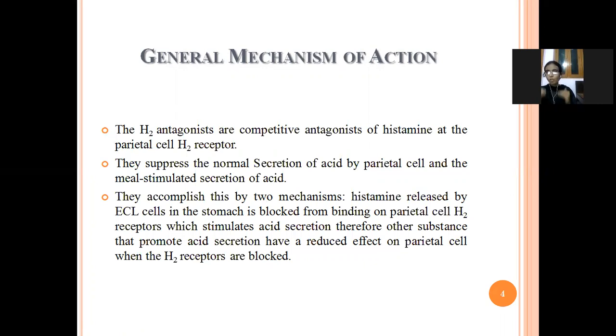They inhibit the H2 receptors and block the acid release in the stomach, which would damage the cells in the stomach and lead to peptic ulcers and various other types of ulcers.